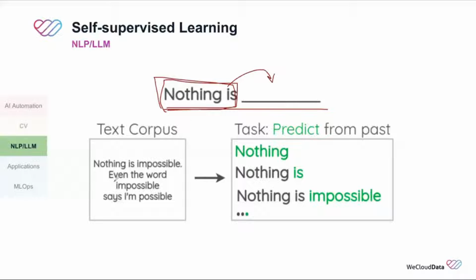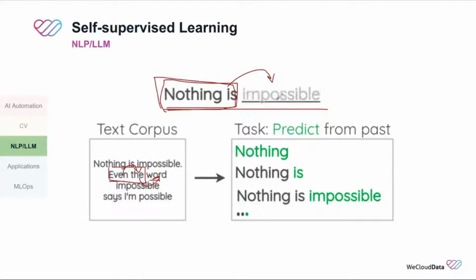Even "the" is followed by a word. So if you type in "nothing is" in ChatGPT, it might actually just predict "impossible."